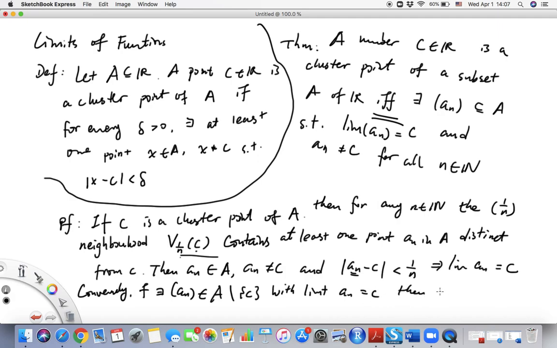then for any delta greater than 0, there exists a k such that if n is greater than k, we have the absolute value of a_n minus c is less than delta, right?